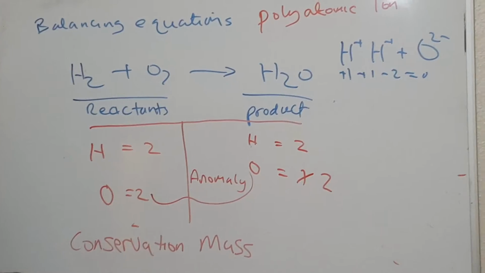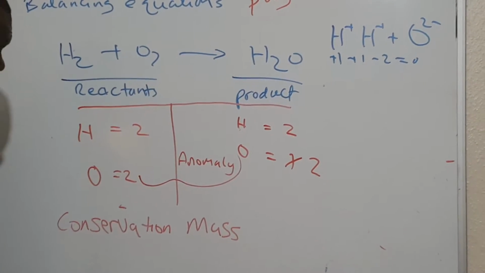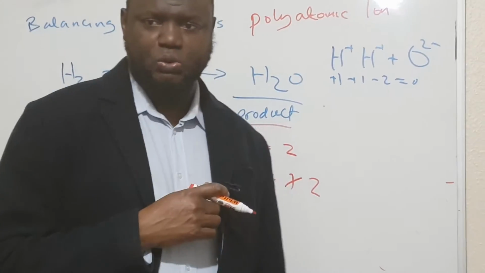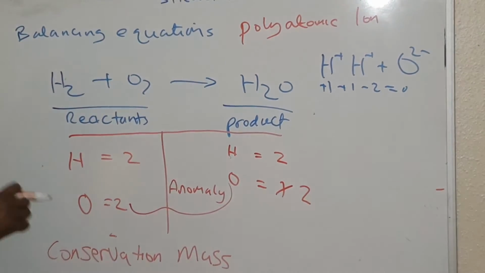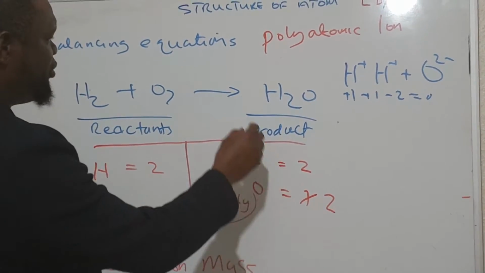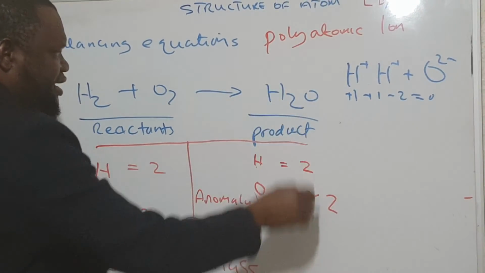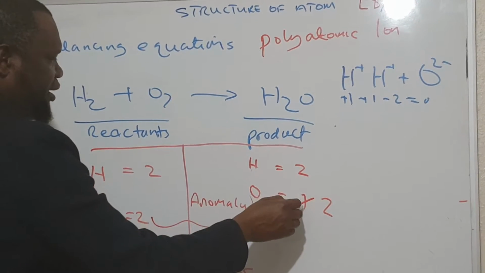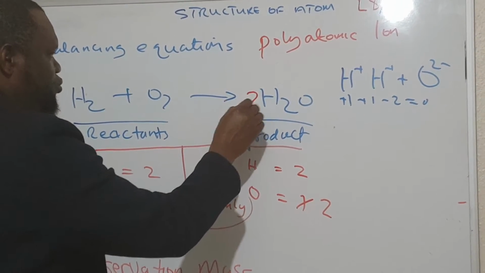Would you add a 2 in front of the H2O? Yes, that is what we did last year in GCSE. I'm demonstrating for people who may not understand. We put 2 here because oxygen on the product side should be 2. We cancel the 1 and make it 2.